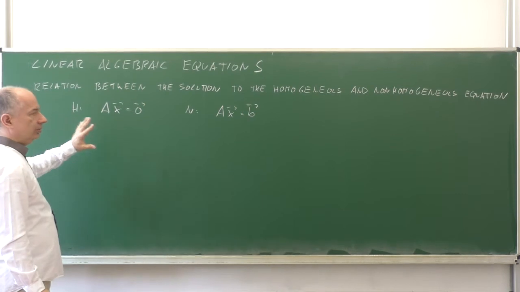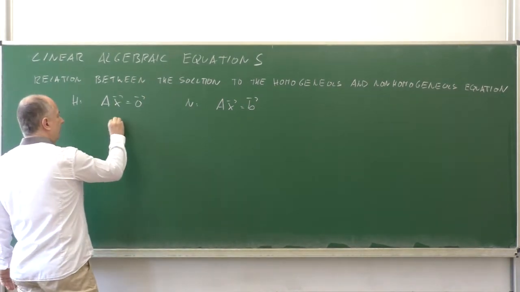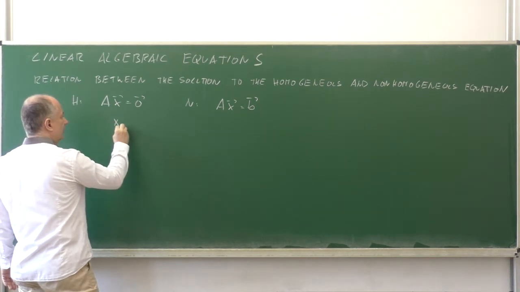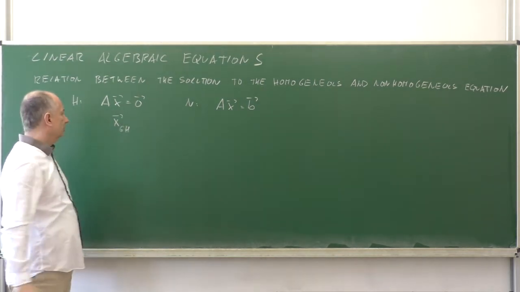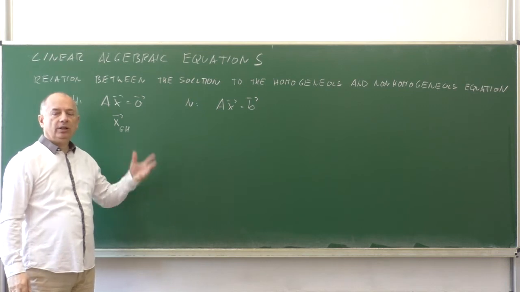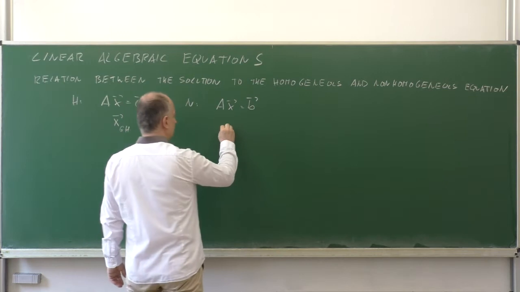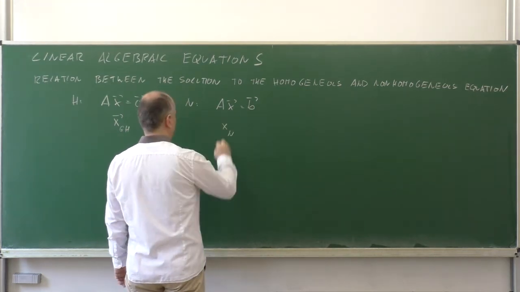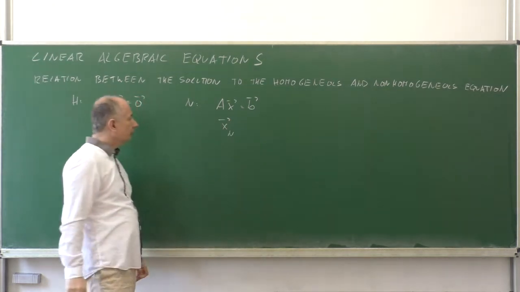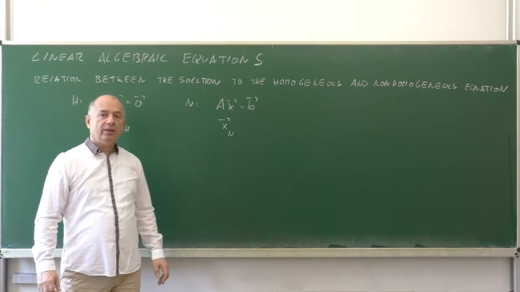And there will be two important statements, two important properties. If we call x_gh the general solution to the homogeneous system, possibly containing some parameters, and if we consider the solution to the non-homogeneous system x_n, then what happens if we add these two?